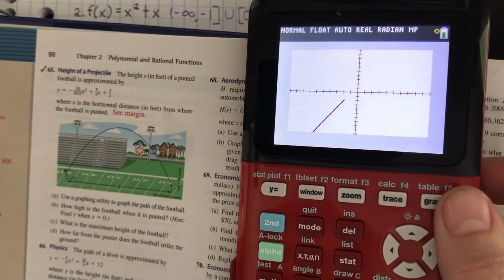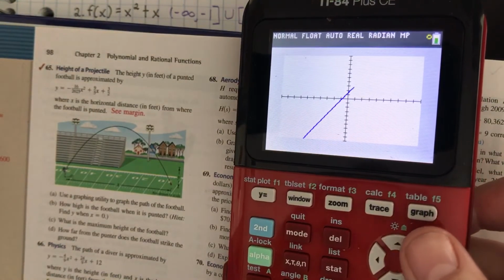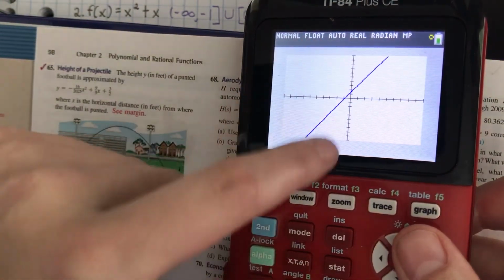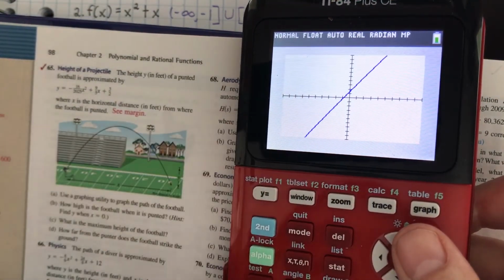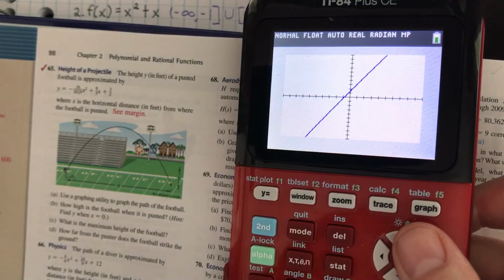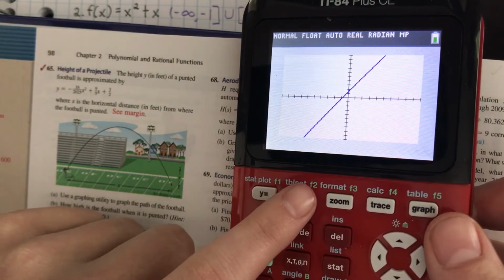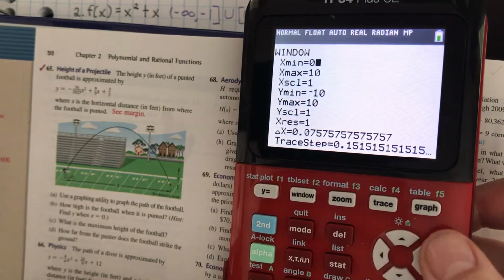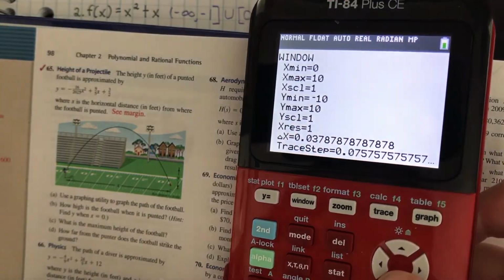Probably the best idea to do right away will be to adjust the window. Of course I don't care about anything to the left of the y-axis, so I don't need any negative x values.